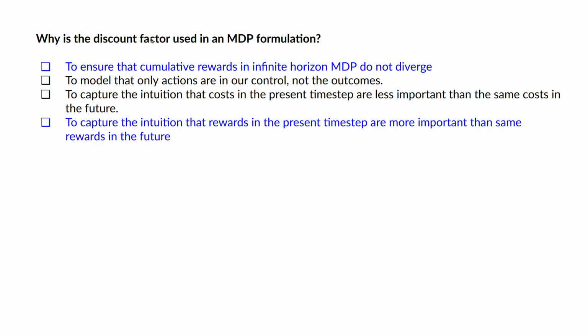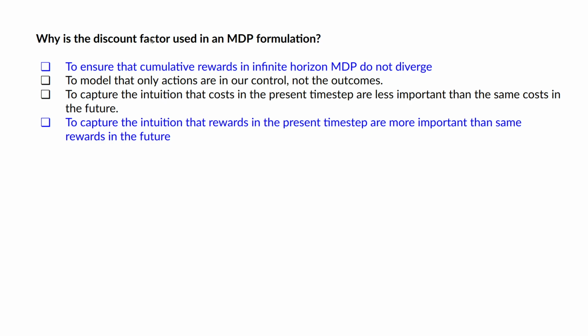Yeah, so the first point: if there is no gamma, it would lead to an infinite series. This is the first problem, right? 2 plus 3 plus 4 plus 5 plus 6, something like that, finally reaching the goal. So in order to keep the horizon from diverging, to finally converge somewhere, you multiply with gamma, which is between 0 and 1.